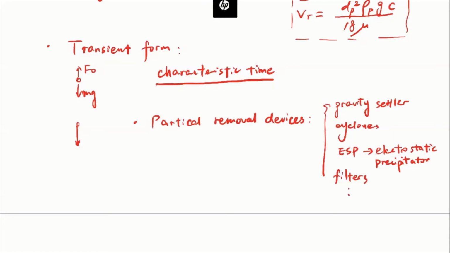In this class, we're going to start with the gravity settler. People also call this gravity settler the settling chamber.